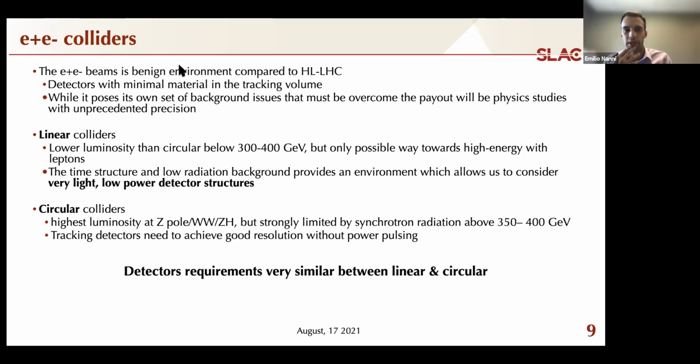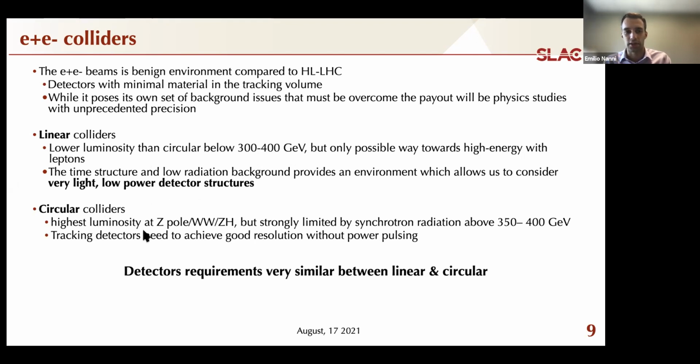In particular, linear colliders do have a lower luminosity compared to circular ones below 300 to 400 GeV. But because of the time structure, they're a pulsed machine. It does make for significantly lower power consumption in the detectors. It's something that you can pulse, and you need less material because you don't need active cooling in the detectors.